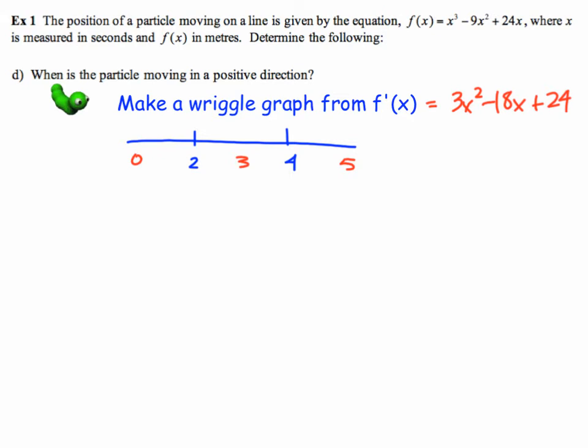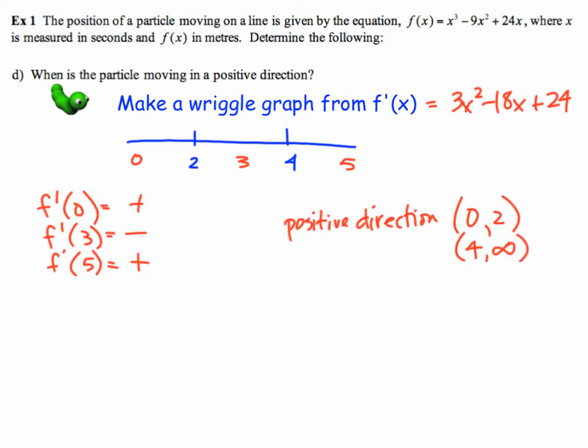If I sub in 0 into f prime, I get a positive value. If I sub in 3 into the derivative, I get a negative value. And if I substitute 5 into the derivative, I get a positive value.